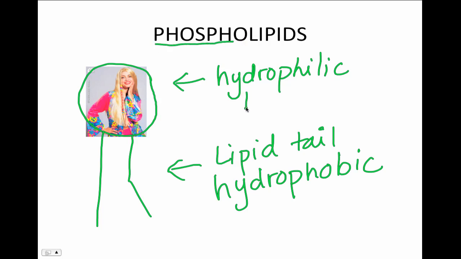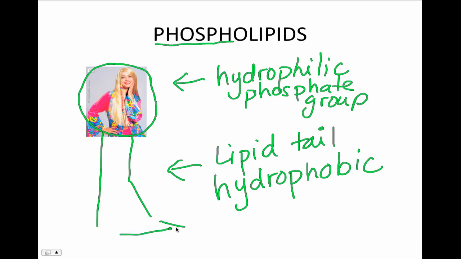It's made of a phosphate group. And we know that phosphate groups are polar, causing them to love water. So I say that Phyllis is bipolar because she has her hydrophilic head and her lipid hydrophobic tail. And her lipid hydrophobic tail, these are each a fatty acid right here. So these little tails are fatty acids.